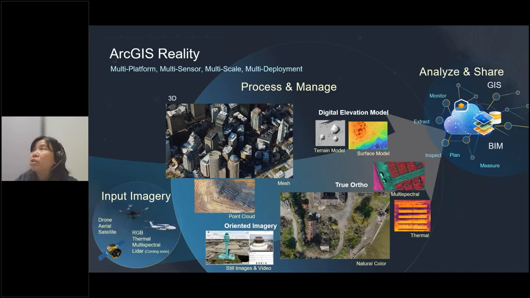You can also manage sets of individual still images or video in a geospatial context through an oriented imagery catalog. All these data products then seamlessly feed into GIS and BIM to perform a variety of analysis tasks from inspection to feature extraction.